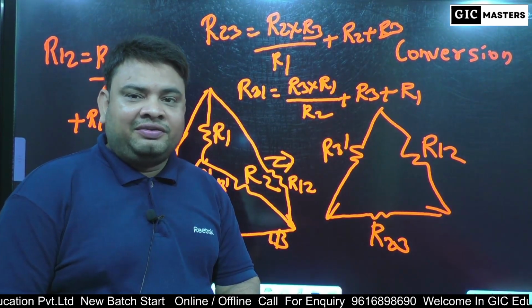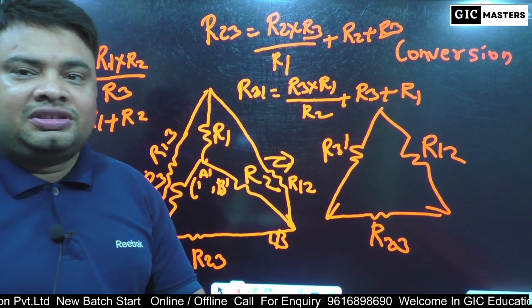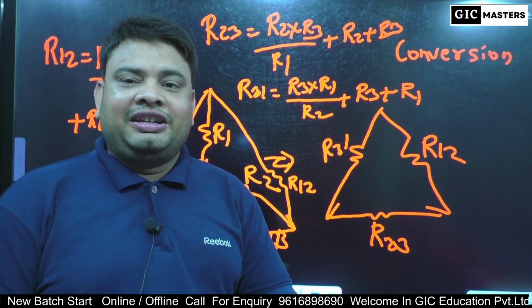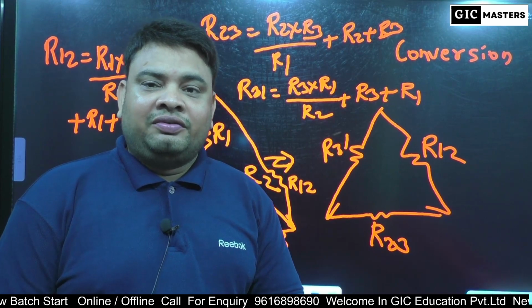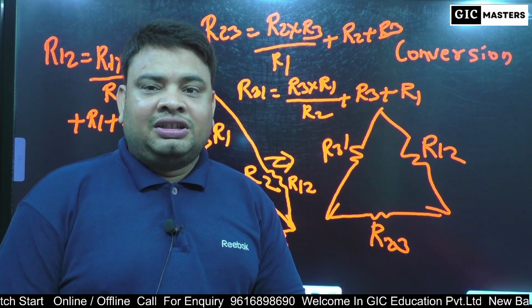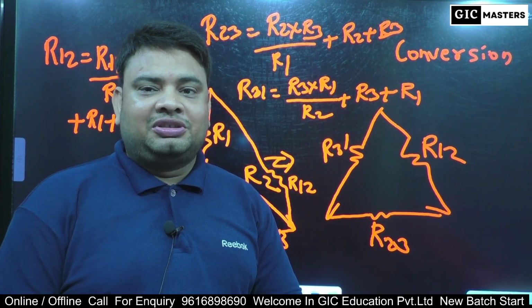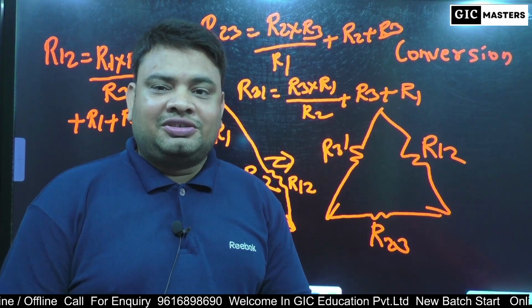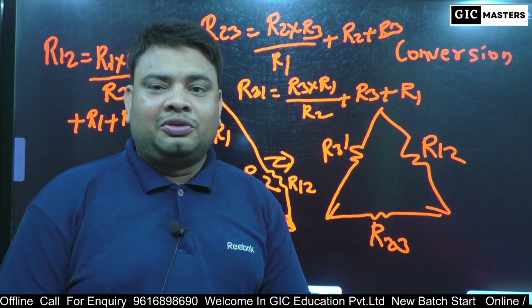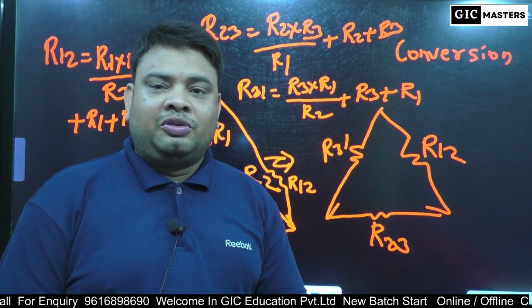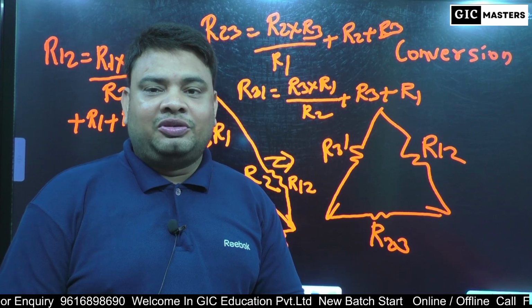Here again we discussed sources, ideal voltage source, practical voltage source, and their graphs. Again we discussed sources: current controlled current source, current controlled voltage source, voltage controlled current source, and voltage controlled voltage source.